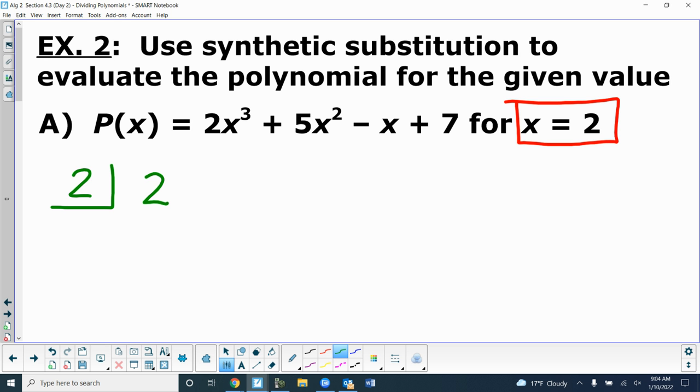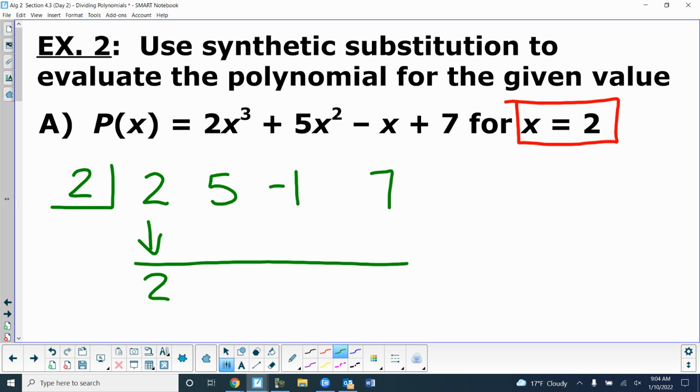What goes first? 2, then what? 5, then -1, and then 7. So we do everything the same. What's 2 times 2? 4. 5 plus 4 is 9. 2 times 9 is 18. -1 plus 18 is 17. 2 times 17 is 34. 7 plus 34.